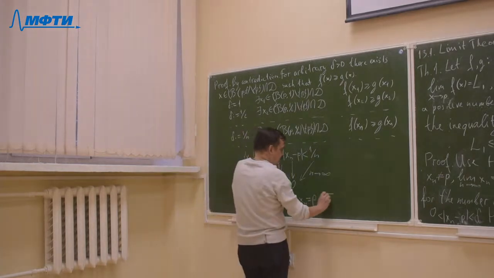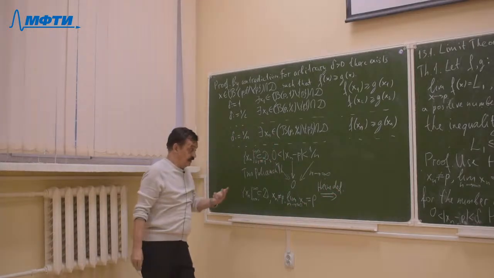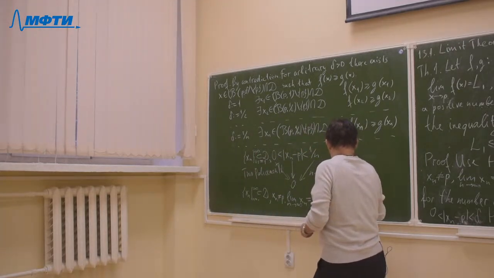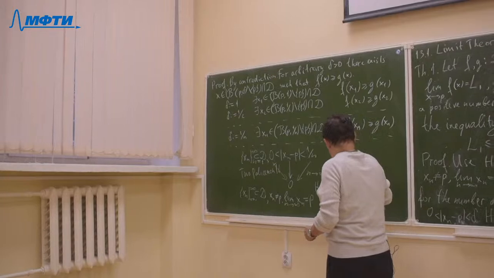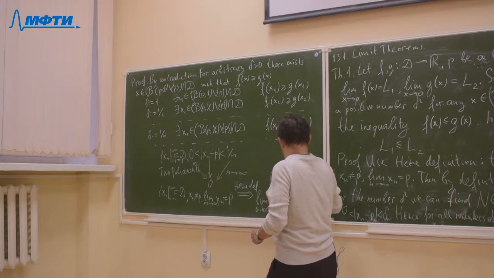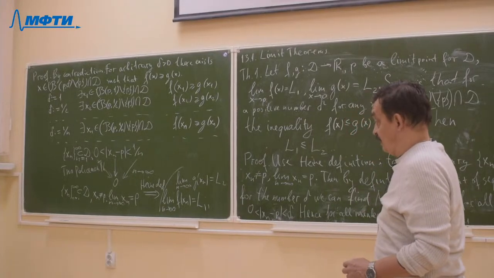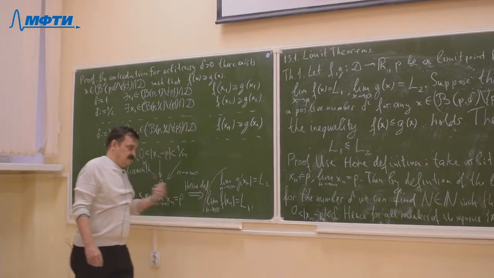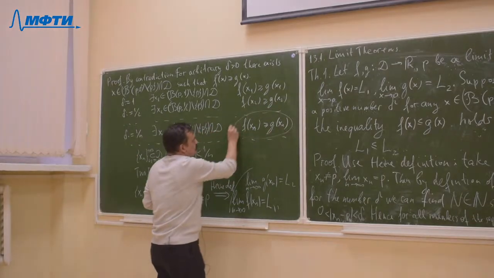Then, by Heine definition, we can conclude that the limit of f of xn equals L1, and the limit of g of xn equals L2. That is what we deduce from the Heine definition. So both limits we have, right? And also we have such an inequality for every n.